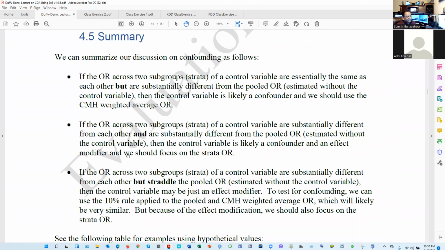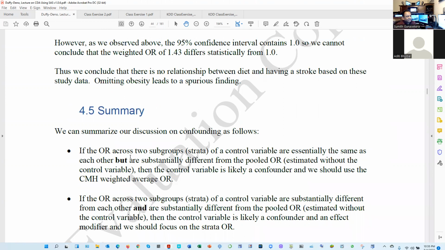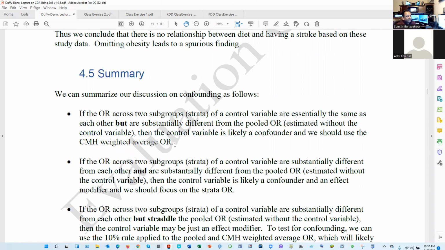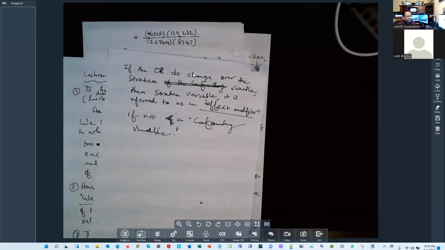That's the way they can figure out how it's going to be. Or simply, by looking at this, you can see the change over each statement. That's the same thing I was talking about. So effect modifier, if not a confounding variable, you can simply say it like that.